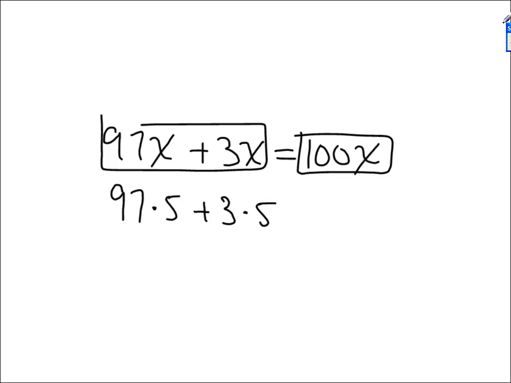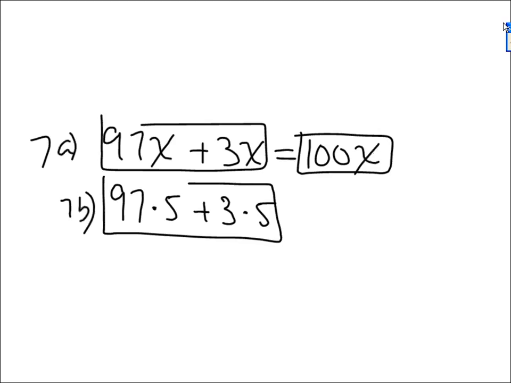And I'm like, this was part A, problem number 7, and this was problem number 7, part B. Evaluate this using part A. The answer is, well, I'm just telling you what x is. So you get 100 times x, where x is 5, and that's 500.